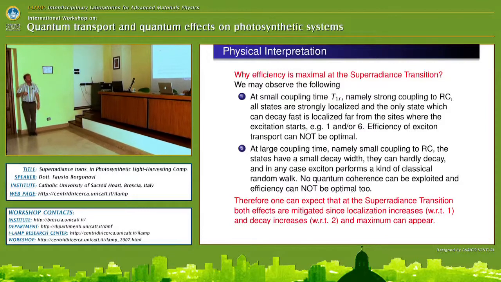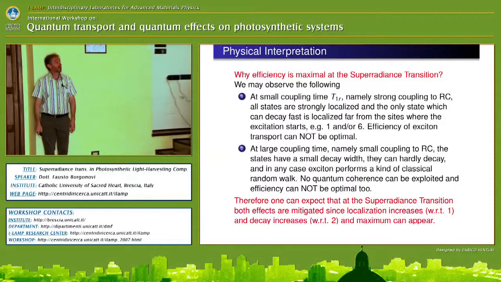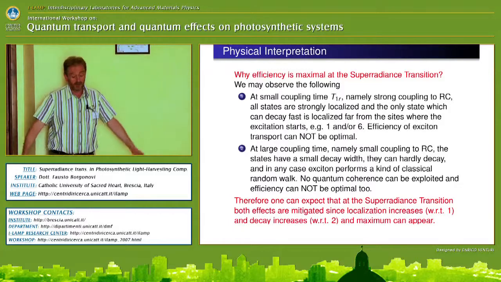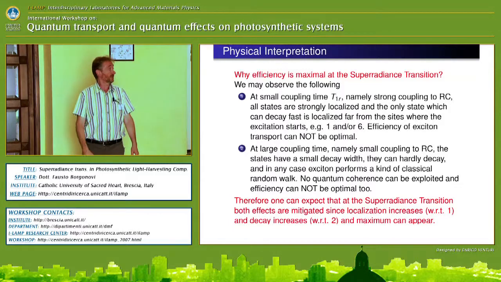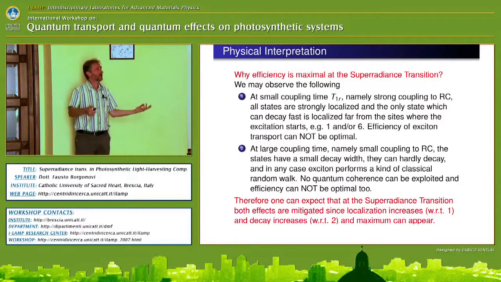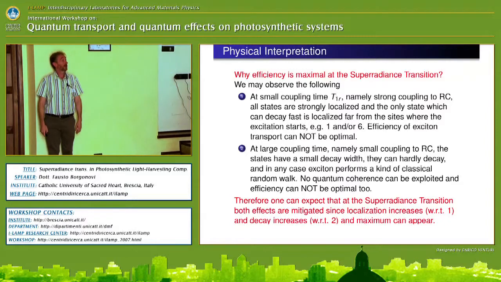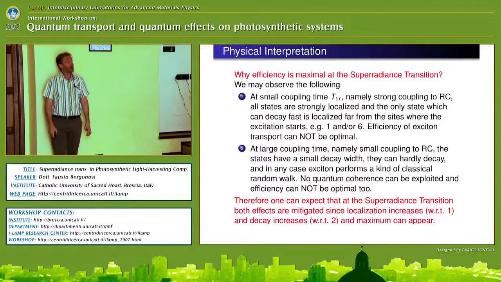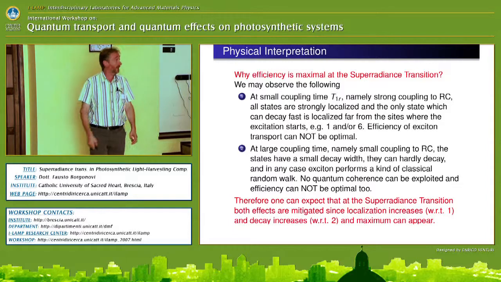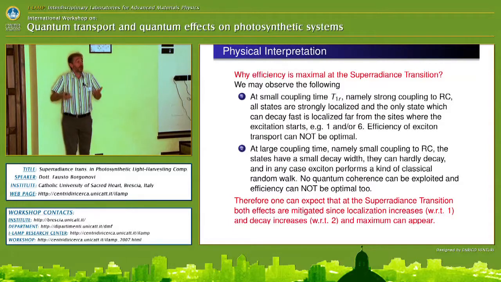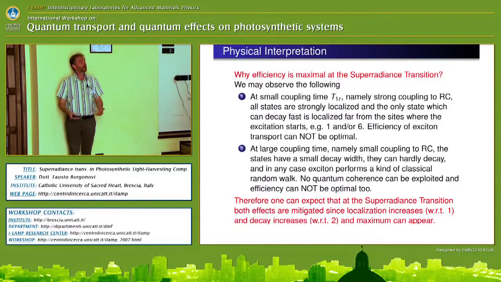So there is no quantum coherence, because the motion is more or less classical. So there should be some trade-off. At the superradiance transition, both effects can be mitigated: localization increases with respect to the first point, but decay increases with respect to the second point, and the maximum can appear.